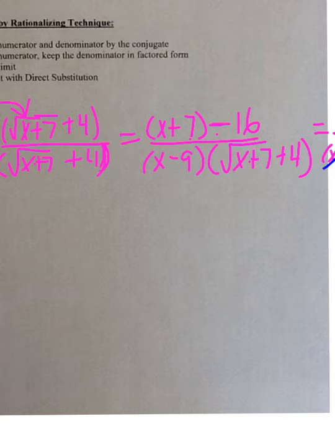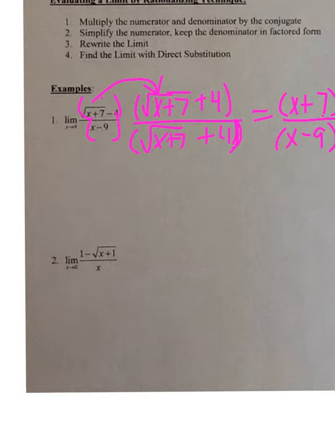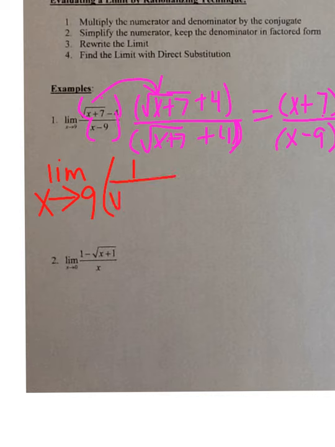Okay, so now we just have to rewrite the limit. So I have the limit as x approaches 9 of 1 over the square root of x plus 7 plus 4.